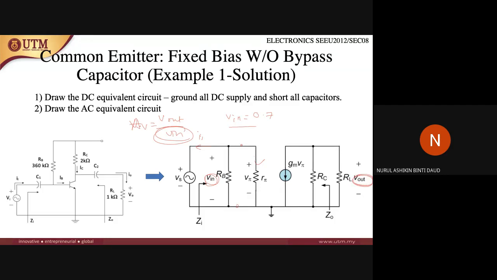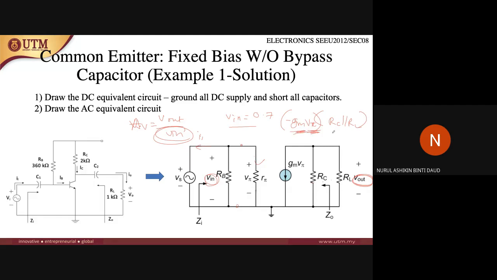So V out is RC RL, since it is here, right? RC and RL parallelly connected, and then times GM V pi. So the value of V pi can be found, and then the value of GM just now.